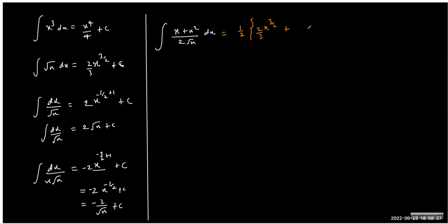The second term is 3 by 2, which will become 5 by 2, and it becomes 2 by 5. And this is the answer, right? Yes.